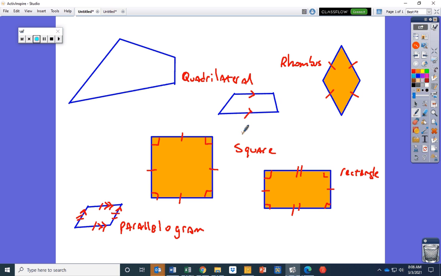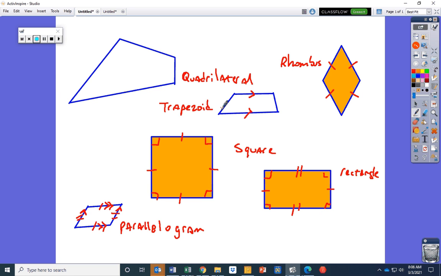This is one set of what? Parallel lines. So if I have one set of parallel lines, this is not a parallelogram because these two aren't parallel, but these two are parallel. What do you think this is called? Trapezoid. Trapezoid. Are you with me so far?